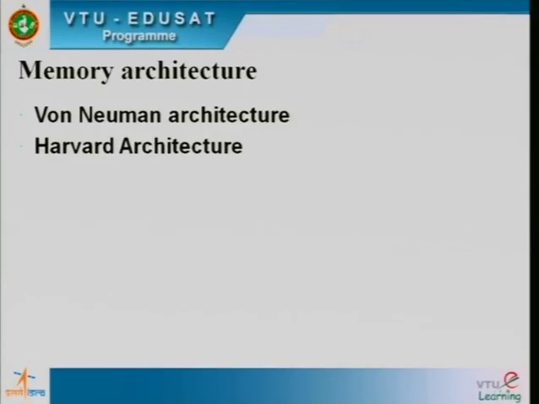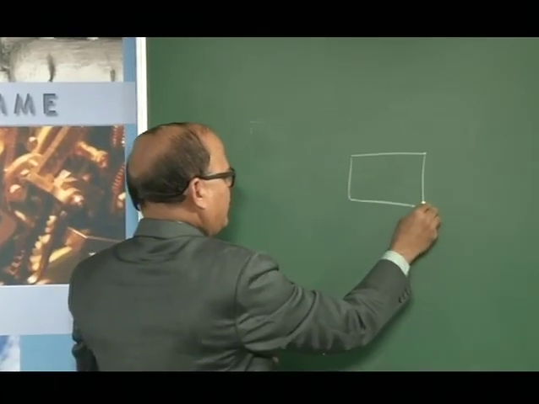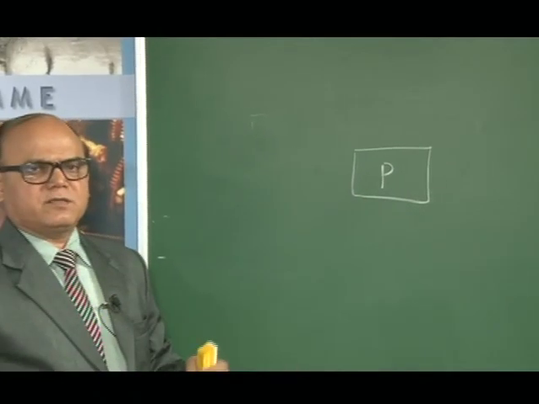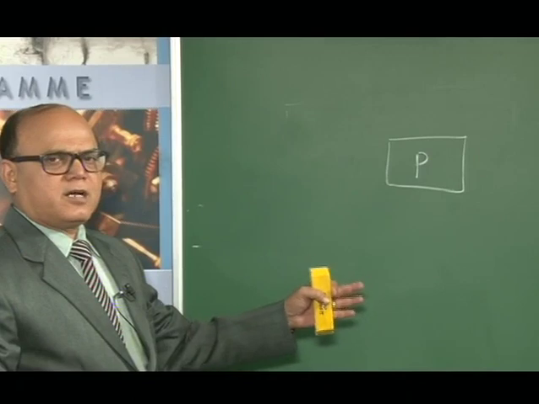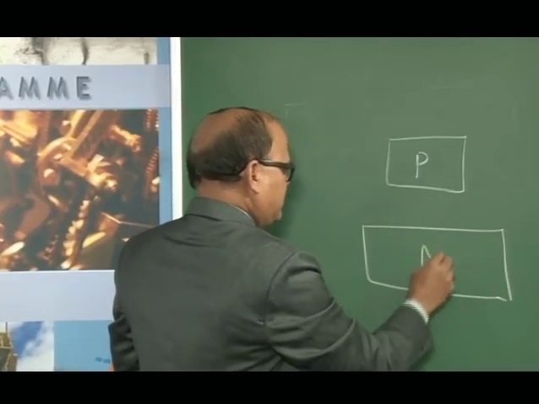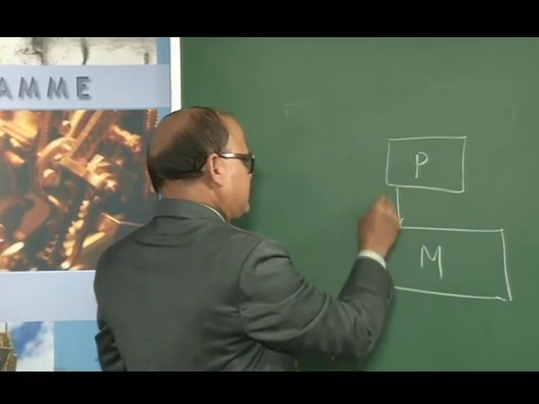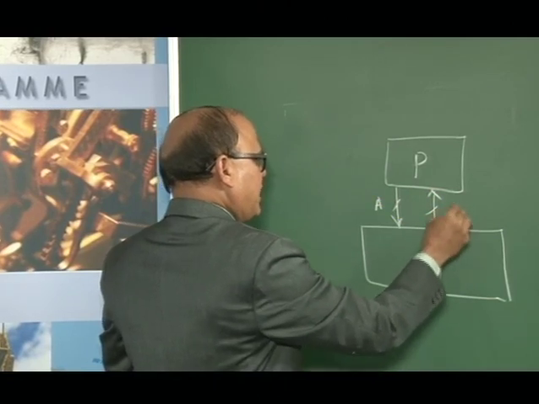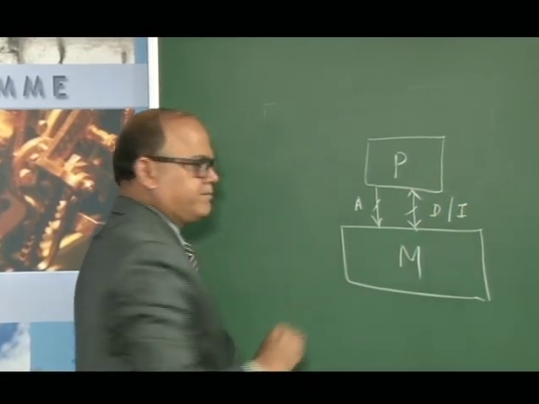Let me take an example. Say the processor will receive the data and the instruction from a common unified memory. In which case I give the address to the memory and receive the information. The information could be either data or instruction.